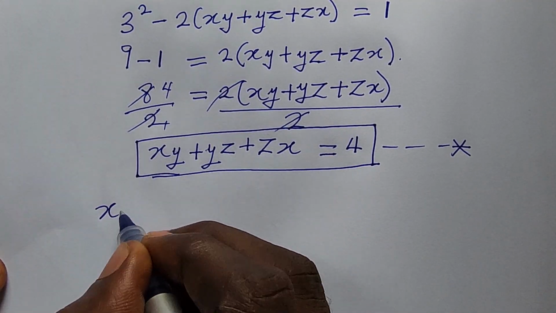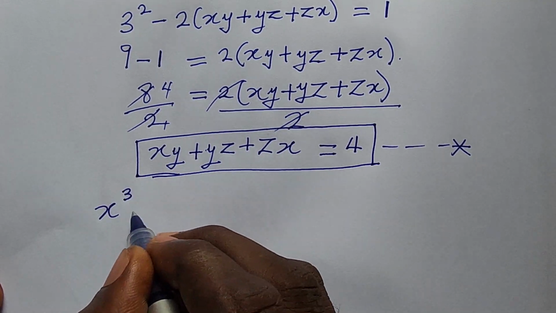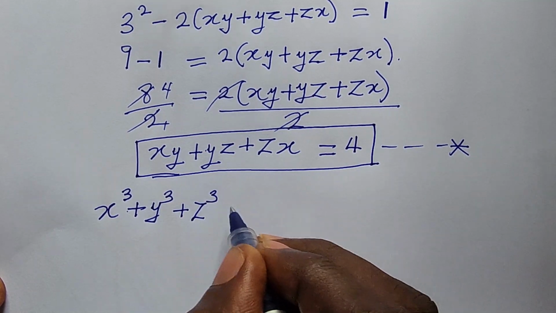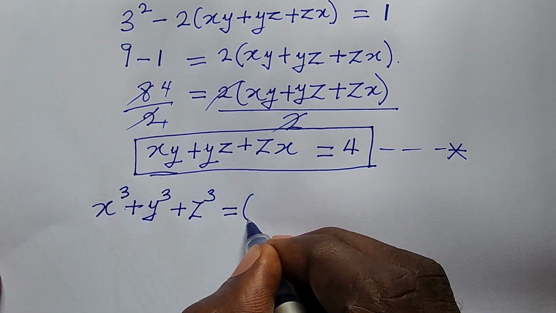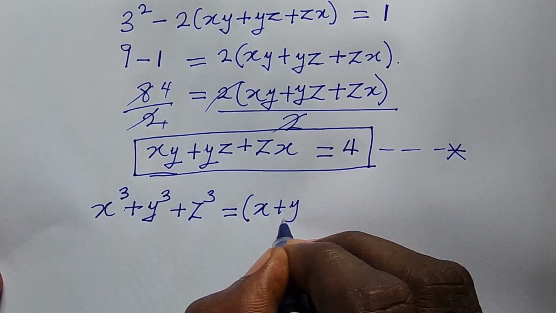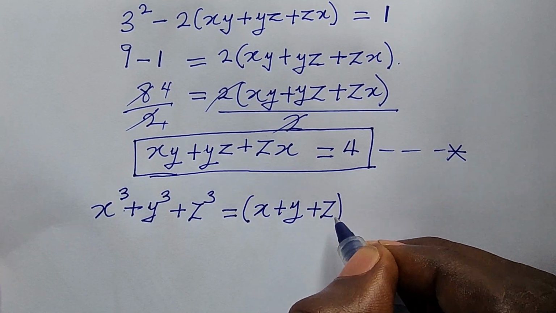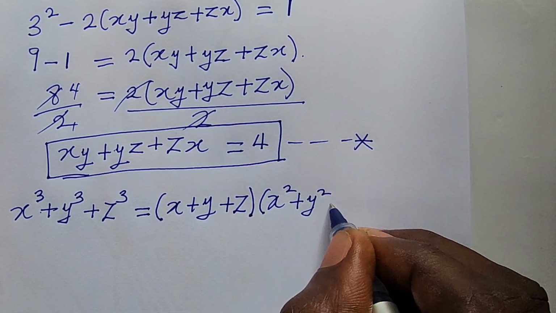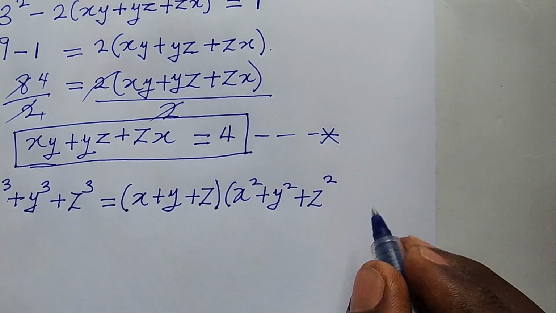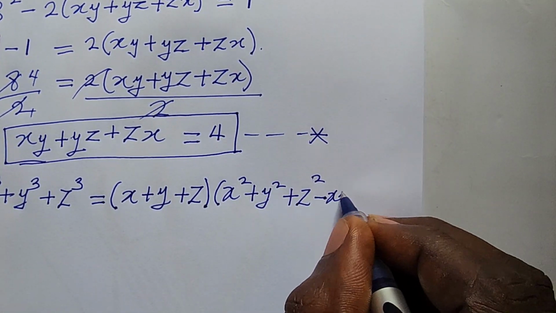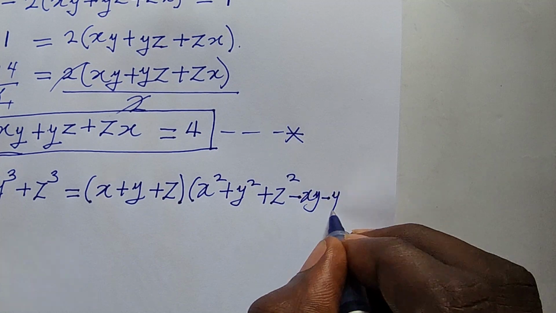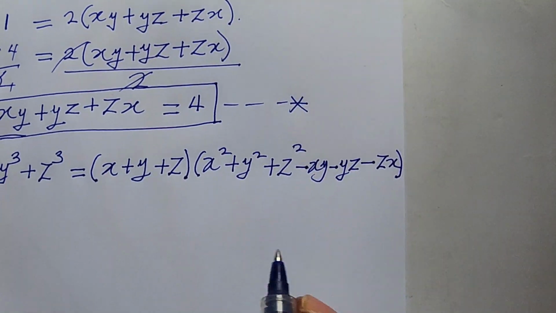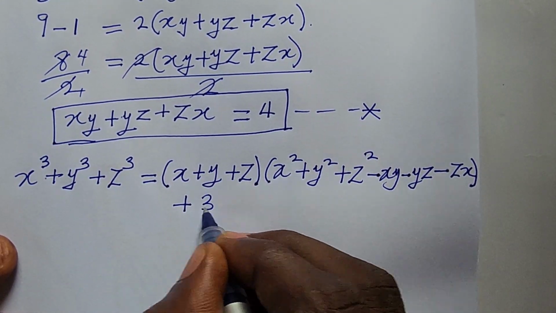We know that x to the power of 3 plus y to the power of 3 plus z to the power of 3 is equal to (x plus y plus z) times (x squared plus y squared plus z squared minus xy minus yz minus zx), then let's continue here, plus 3xyz.